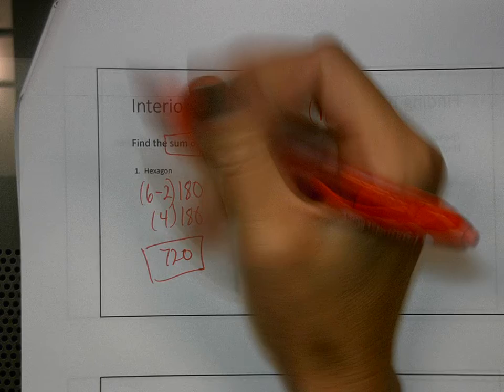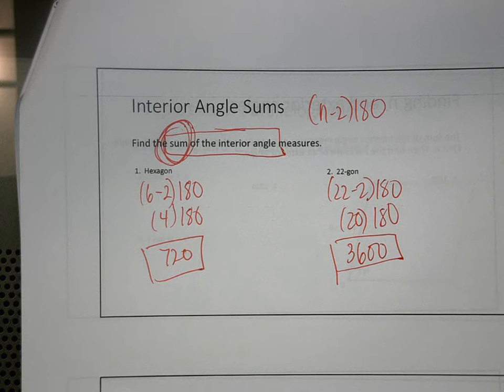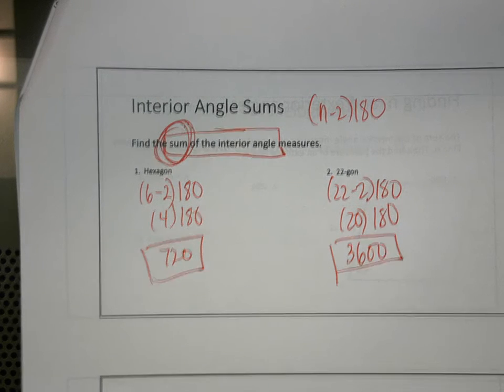Okay, find the sum. So it's asking you to add them all up. I would agree. It's not asking you for a specific interior angle measure. It's asking you for the sum of all of them. If it just asks for the interior angle measures, you would divide. What would you divide by? Okay, 6. And then this one we would have divided by 22. Okay, good. Thanks for bringing that up.